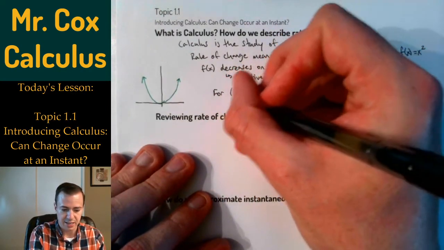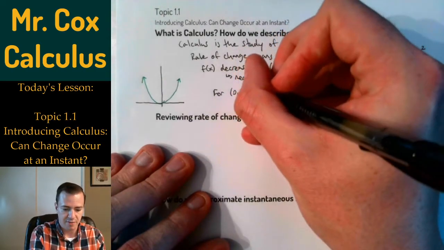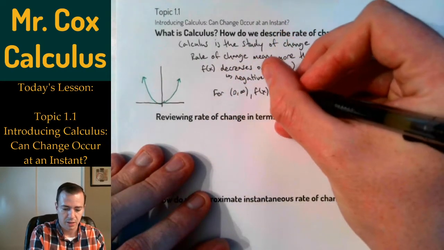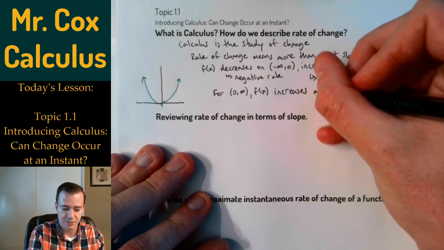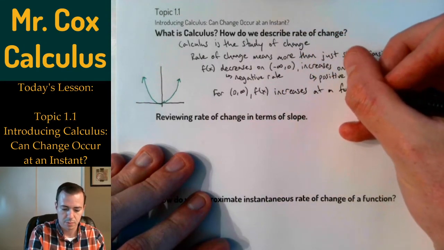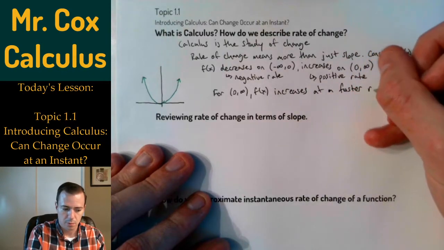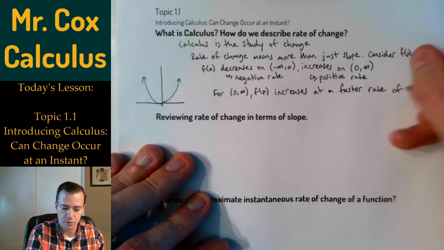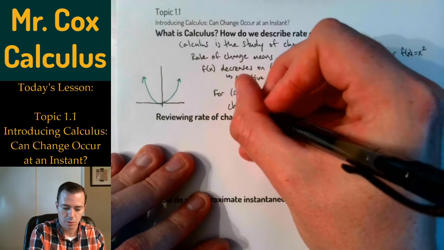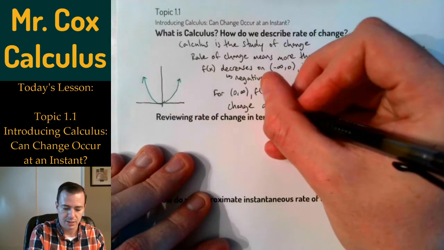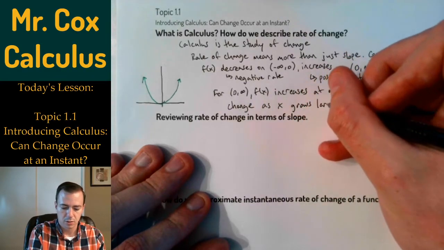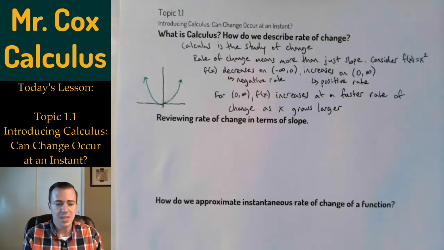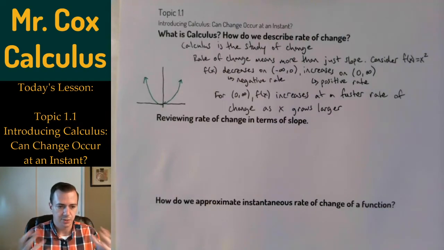So I can say from 0 to infinity, f of x increases at a faster rate of change as x grows larger.